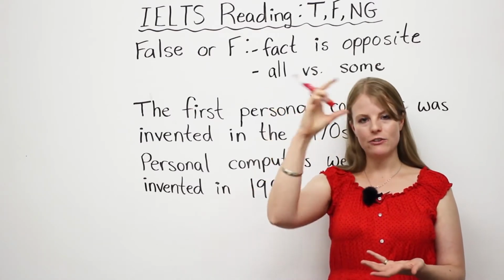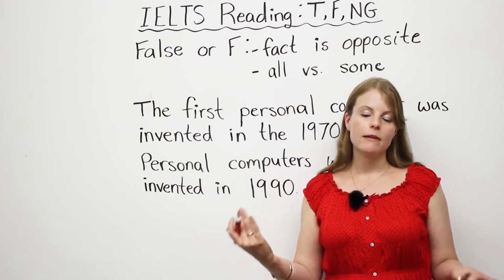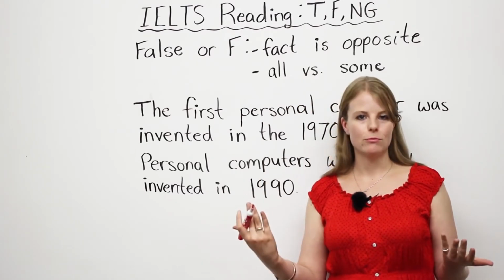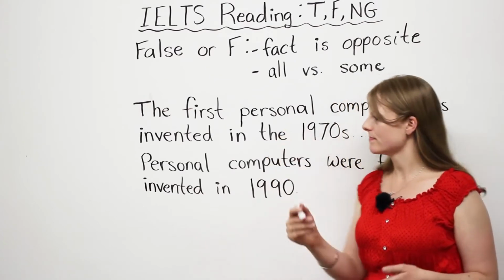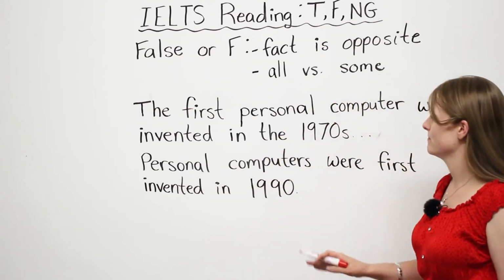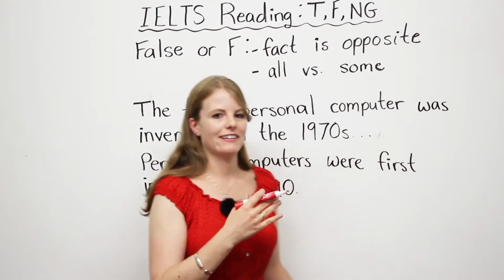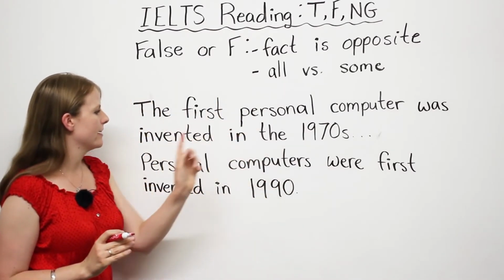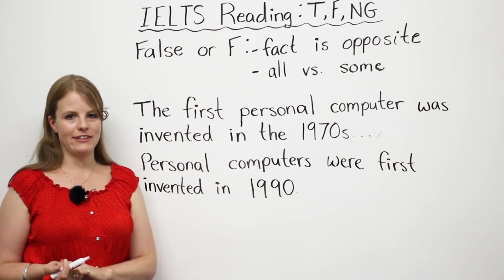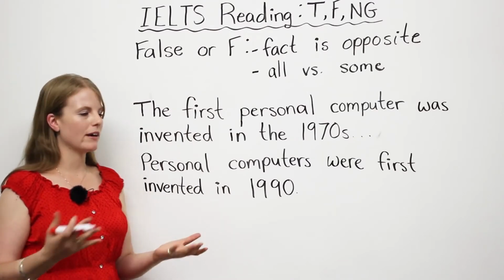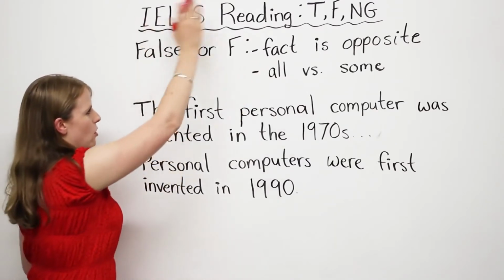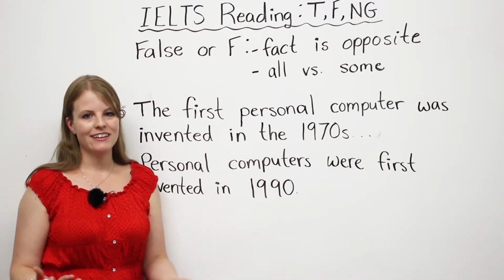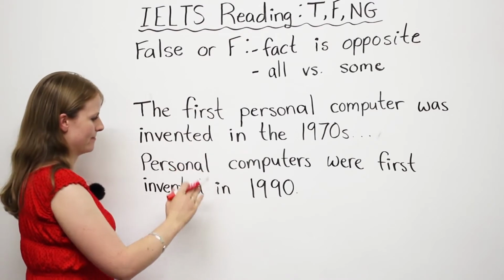In the reading passage, if it says some children should eat broccoli, this would be where you would write false. So let's look at an example. Let me go to this side. You can see better. The first personal computer was invented in the 1970s. So this is what it says in the reading passage. It's a long passage, imagine, on personal computers, and you come to this section.